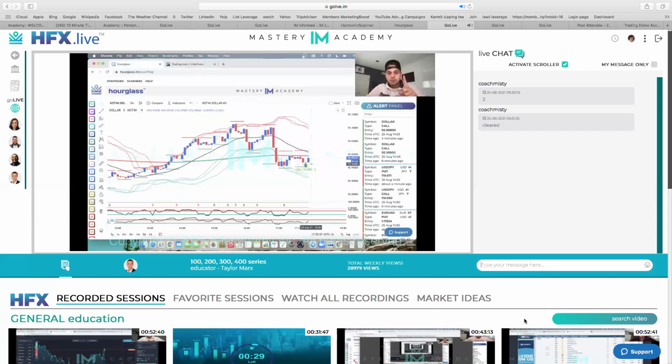So the arrow with the EMA, support and resistance, and currency strength meter, okay? So let's look at this again. Let's put a horizontal line right here, horizontal line right here.